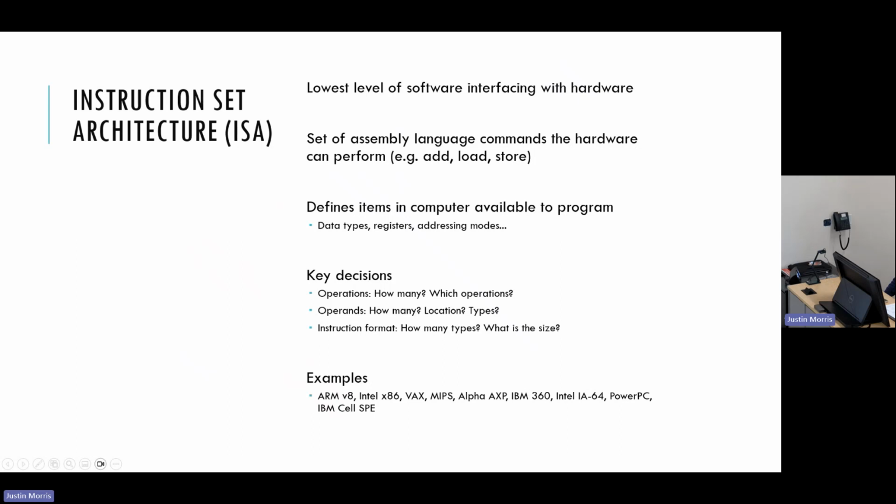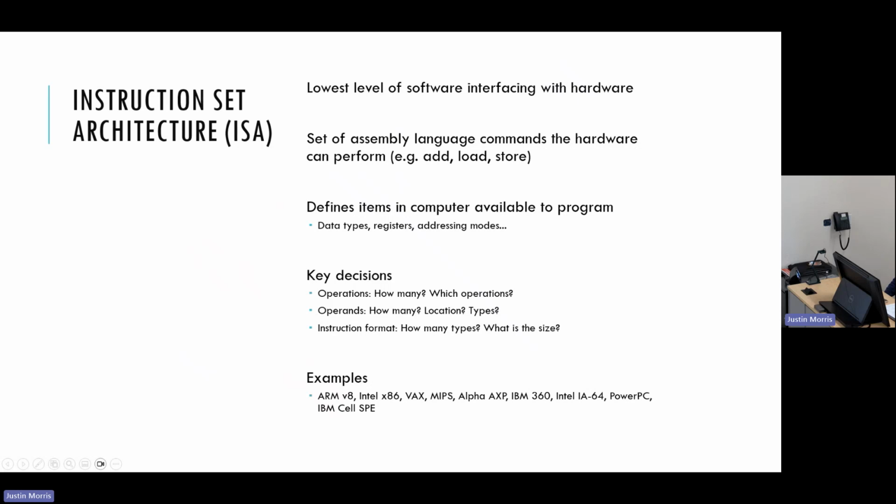So what are the data types? Are there integers? Are there signed integers? Are there floating point operations? What are the different registers? How many are there? Are there different addressing modes as well?